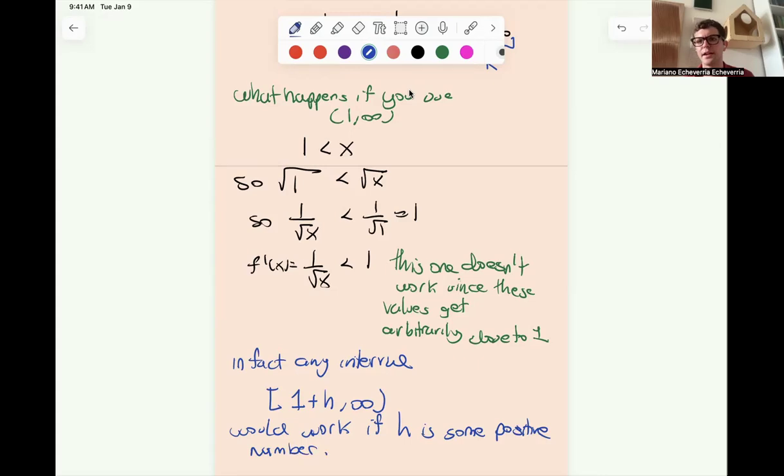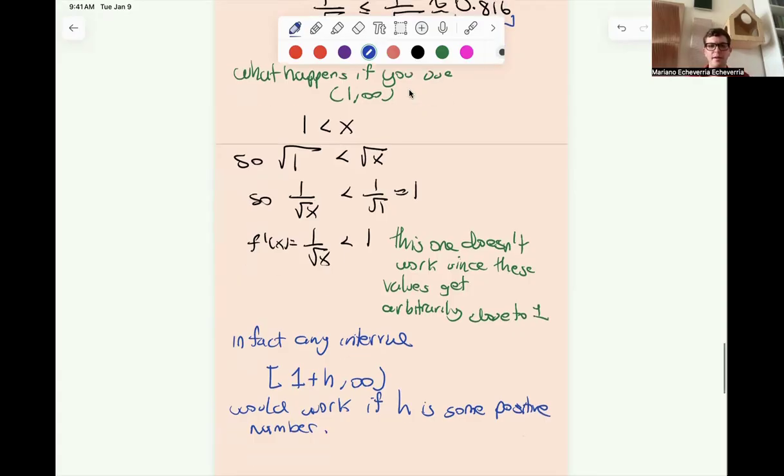The only thing that is not allowed is to not create some buffer zone from 1. But besides that, that's okay. You can choose some wiggle room basically. Is that making sense?